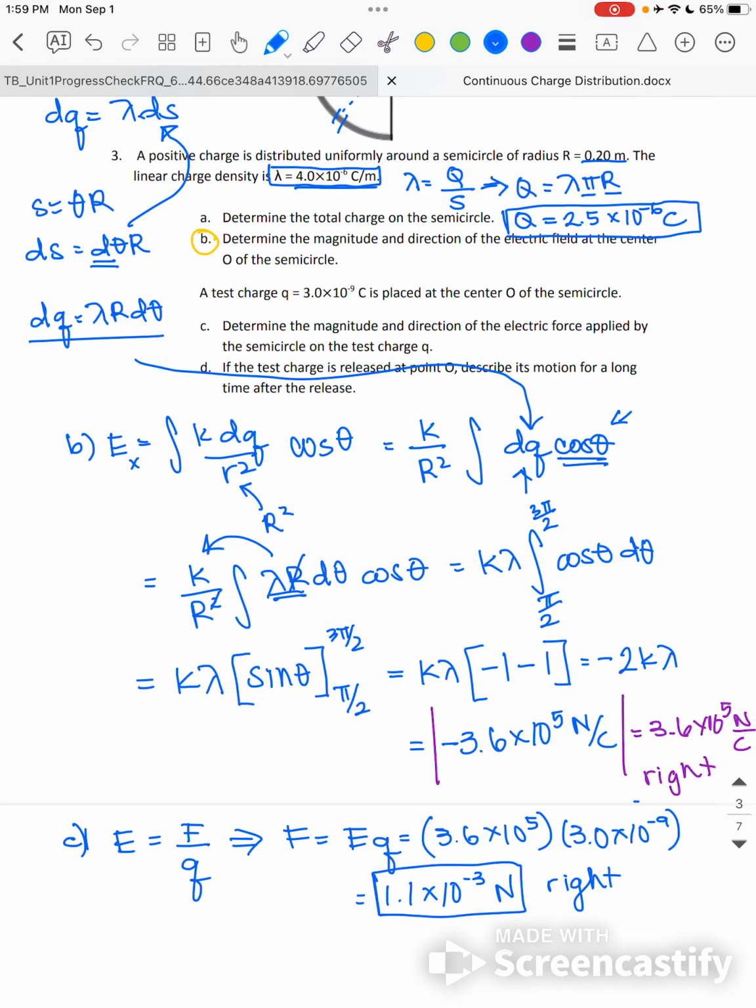Okay, again, we did this in part 2: the motion of this test charge after it has been released. It's going to experience its strongest force when it's at the origin, and then as it starts moving away from the positively charged semicircle, it's going to decrease in force, which therefore decreases in acceleration, but it's still speeding up because the force is still to the right.